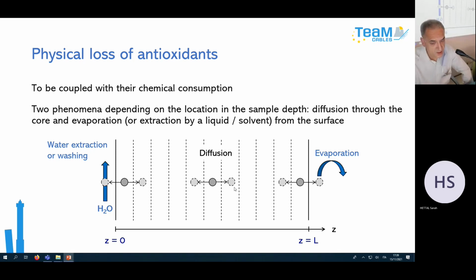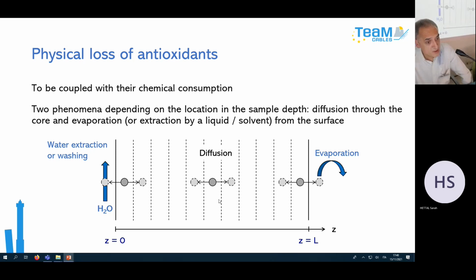So in general, in the case of a thick sample, typically a few millimeters thick, it is necessary to take into account the two physical mechanisms, diffusion and evaporation or extraction. But in the case of a very thin sample, typically a few hundred microns, we consider that the diffusion is very fast, so it can be neglected.